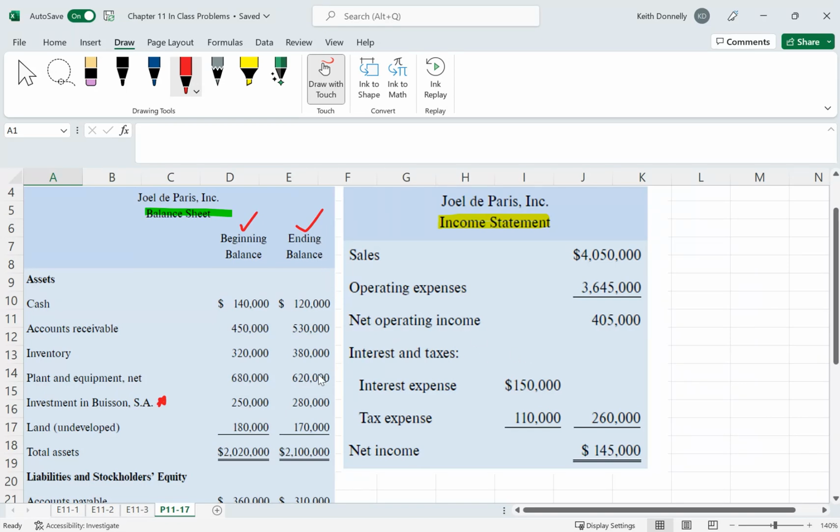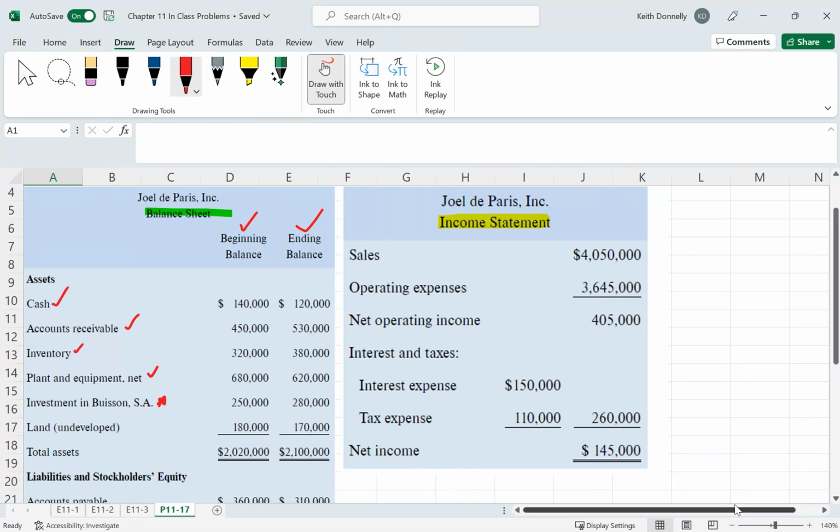So basically when we look at all of these and we're trying to classify our operating assets, it's not going to be our total assets, it's just those we use in our operations, right? So it's going to be our cash, our accounts receivable, our inventory, and our PP&E, okay?